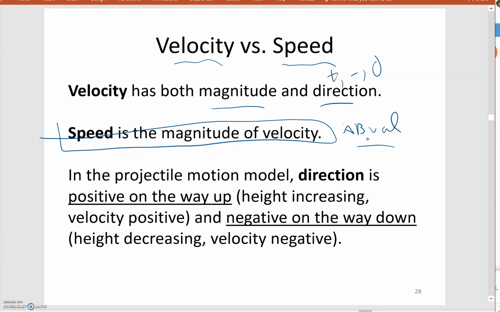So your speed can be 30 miles per hour, but I could be going 30 miles per hour up or 30 miles per hour down, but my speed would be 30 miles per hour. My velocity, though, is different.